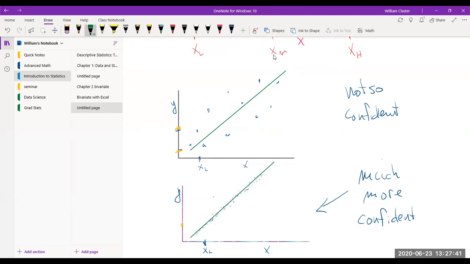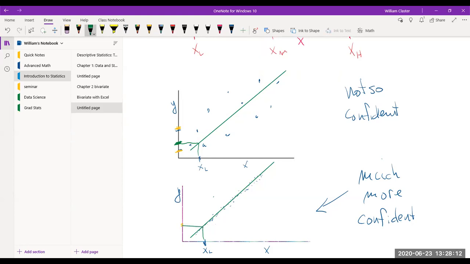Okay, so if X is here, then my prediction for Y is going to be here. Everyone understand that? Yes. And here, if X is low, then my prediction for Y is going to be there, right?